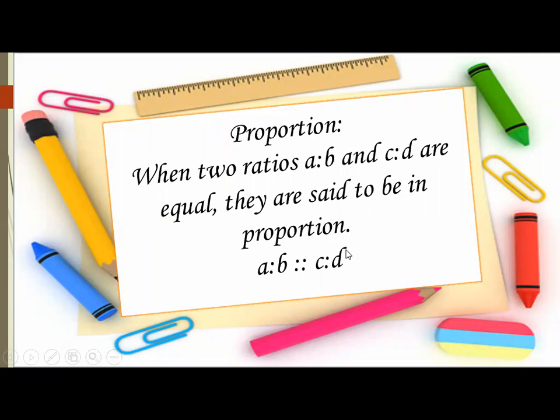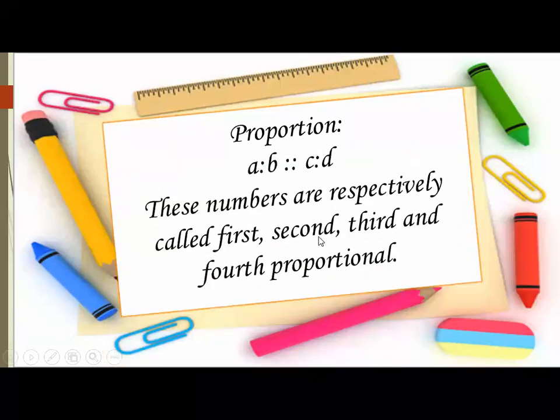And we can write it like this: A ratio B equals C ratio D. When we write the proportion like this, A is called the first proportional, B is called the second proportional, C is called the third proportional, and D is called the fourth proportional.